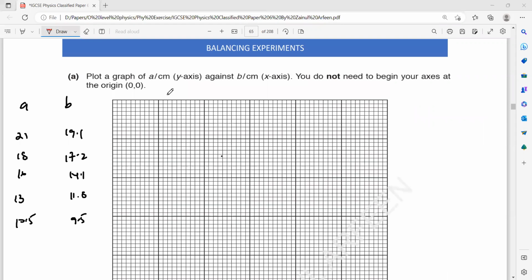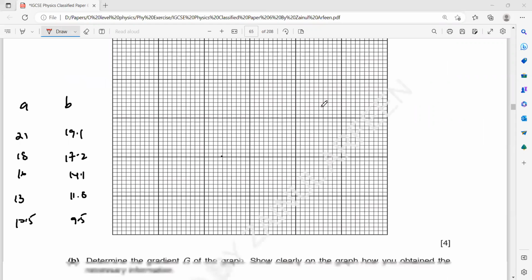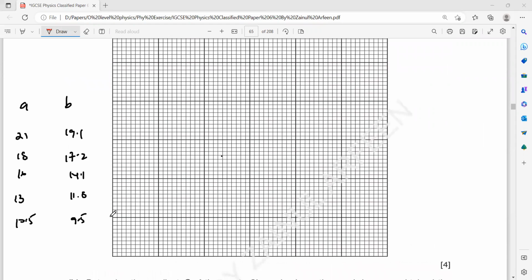A should be on the y-axis and B on the x-axis. For B, the minimum value is 9.5 and the maximum is 19. If I start with 9, 10, 11, 12, 13, 14, 15, it won't fit. But if I select, for example, 9, 11, 13, 15, 17, 19, 21, this is for B. I extended the scale, starting at 9 and ending at 21.